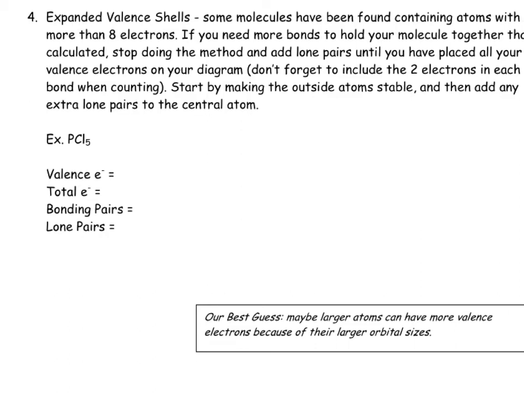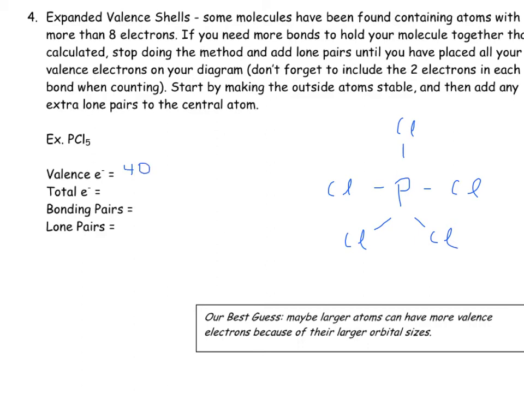PCl5 is an example. Start by placing phosphorus in the center because it's least electronegative. And single bond 5 chlorines around the outside. For valence, each of my chlorines has 7 electrons, times 5 gives me 35. And phosphorus brings another 5 to the table to give me 40 valence.